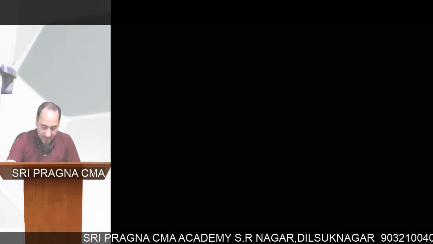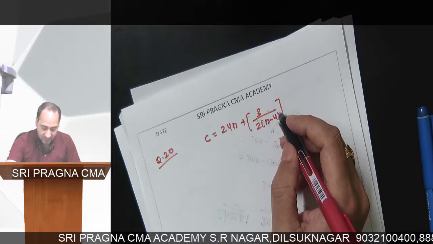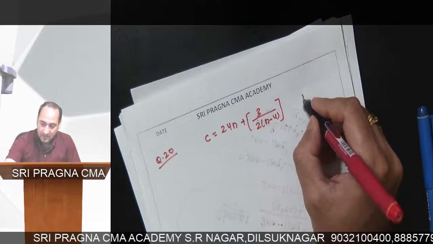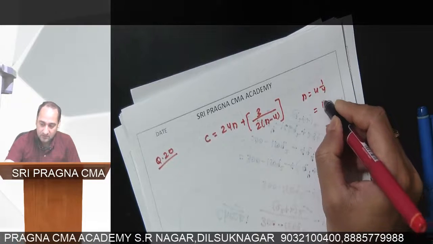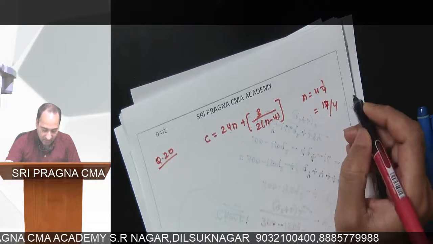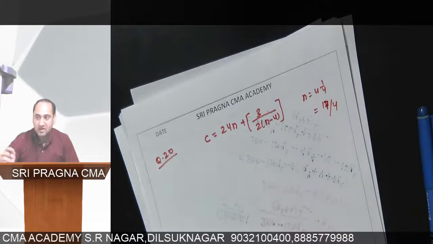You have to prove that n equal to 4 1/4, that is 17 by 4, will make C minimum.